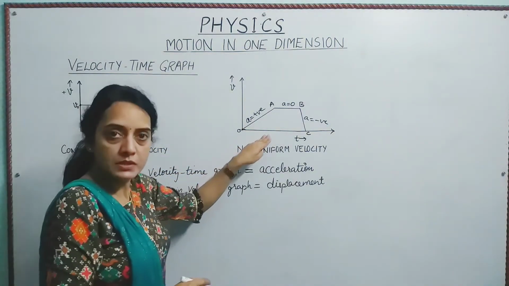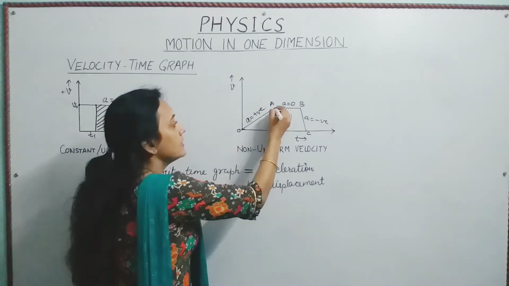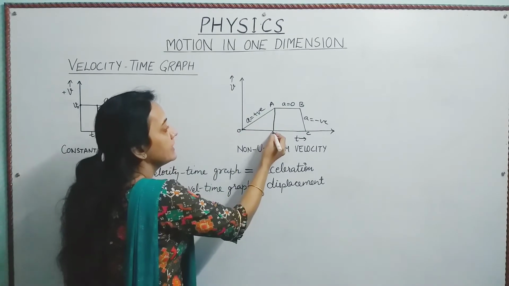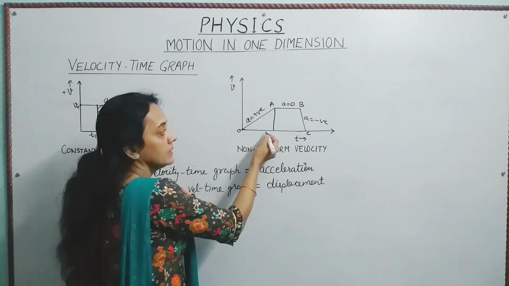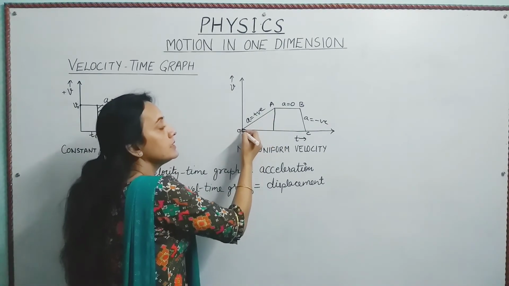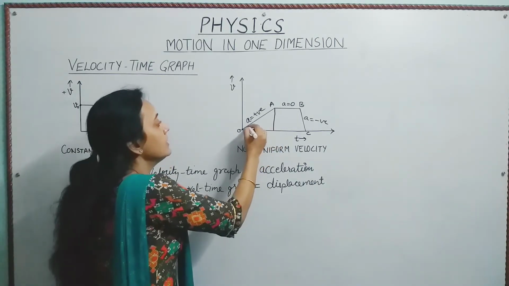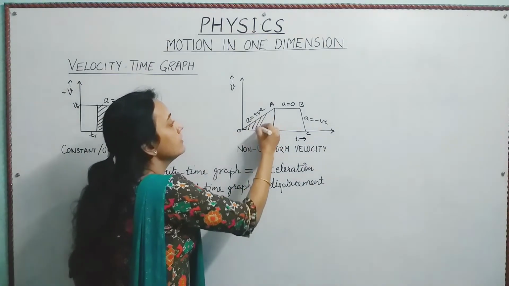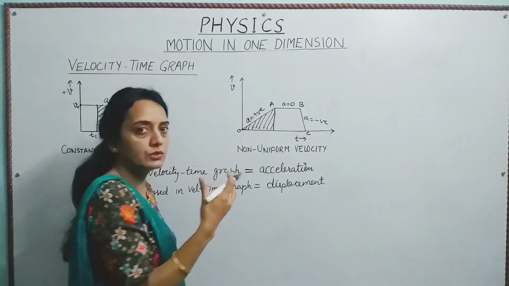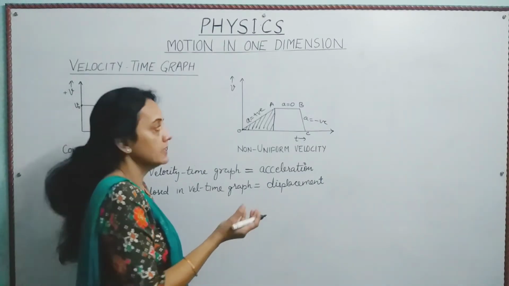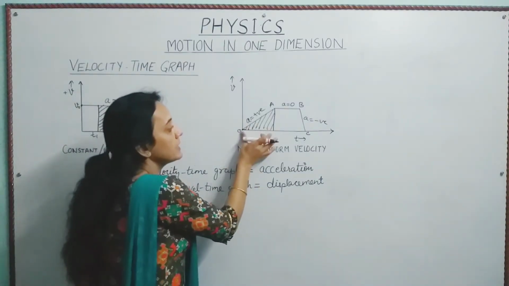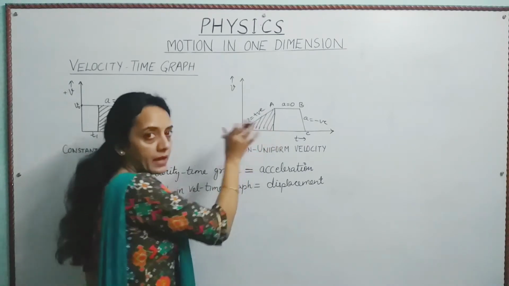When we come to this one, if you are asked to find the displacement during 0 to point A, then you have to find the area of this triangle. You have to use your normal formulas. So this is the displacement during OA.